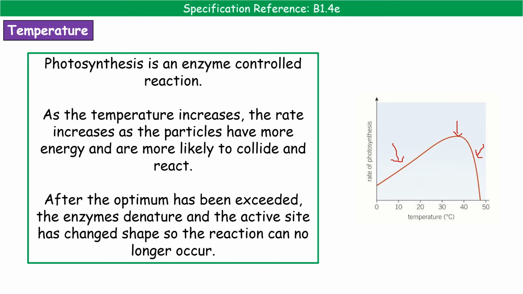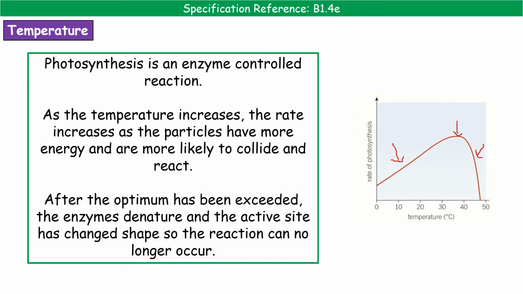Enzymes have got this very specific shape of their active site that's complementary to the substrate. If we denature the enzyme, we're changing the shape of that active site so the substrate no longer fits. As a result, the reaction can no longer occur. So this is what we're seeing in the case of photosynthesis.